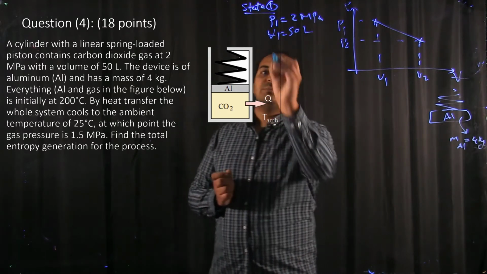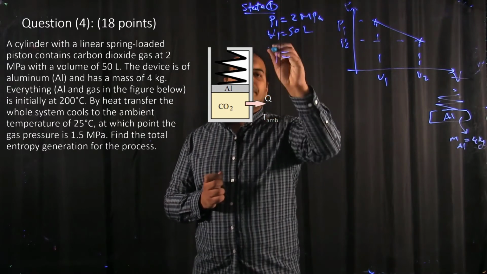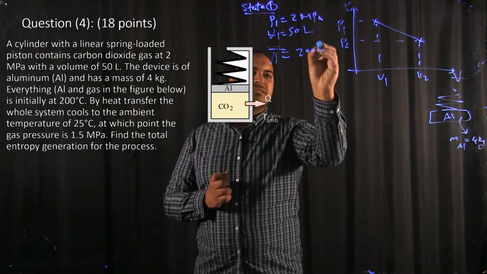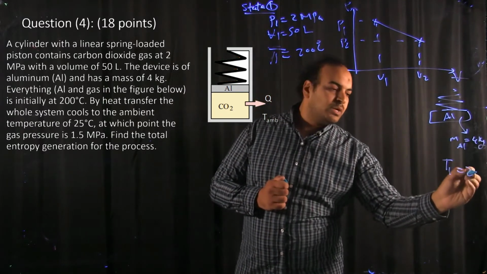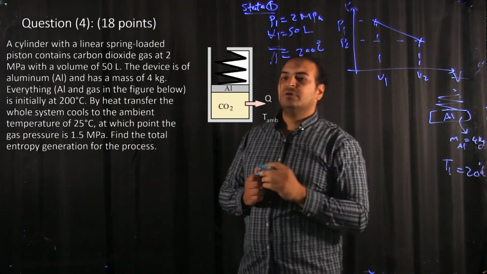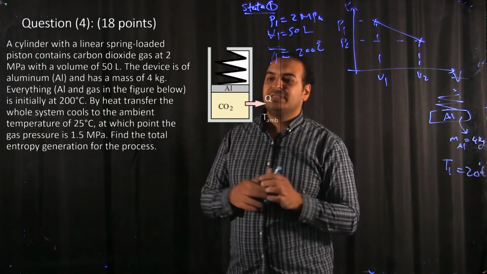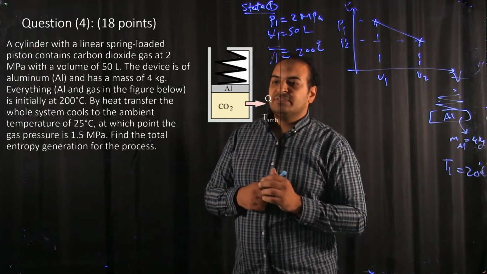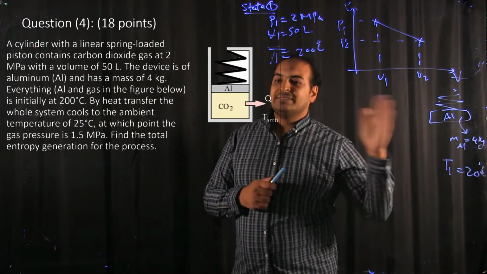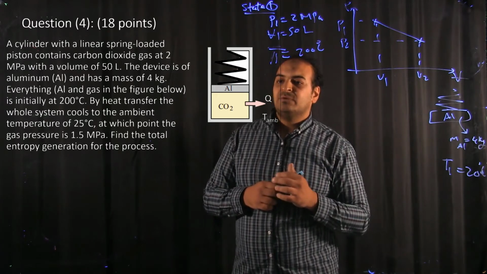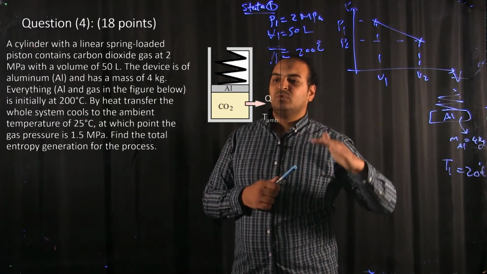Everything was 200. So temperature T1 was 200 Celsius, for aluminium and for the carbon dioxide. Ideal gas. Do not forget about your steam tables now. Heat is transferred from the system to the surroundings, and the surroundings were at 25. So it cools down to 25.